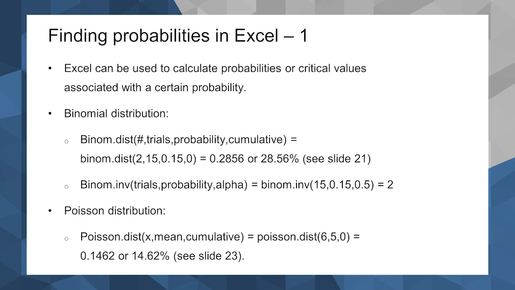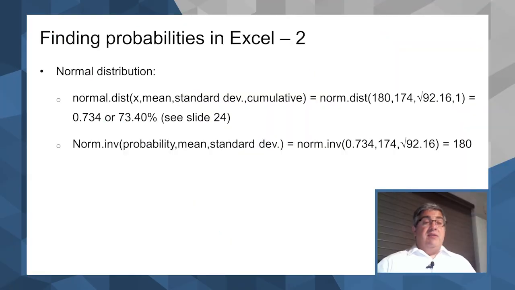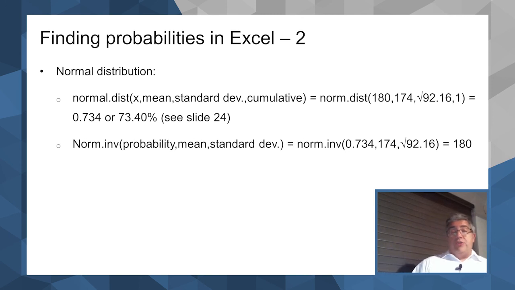Same thing for the Poisson dist. Again, the calculation we did in the example, x being the number of successes, 6, mean was 5 call-outs in a 15-minute period on average, and again, it wasn't cumulative. Same for the normal distribution, again using normal dist and normal inv.